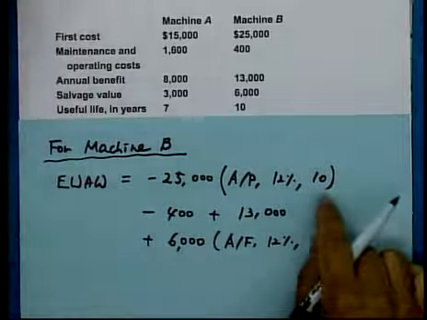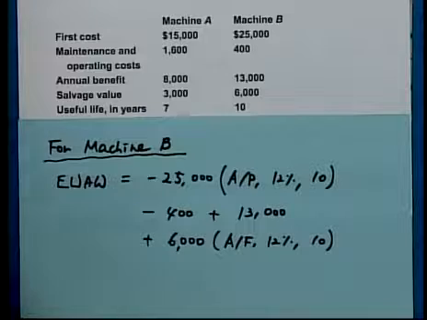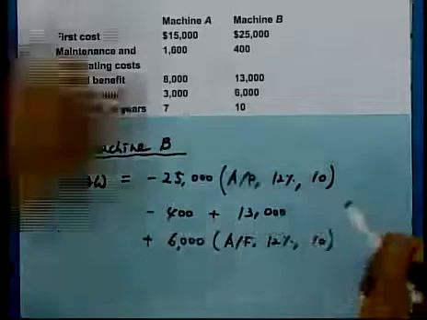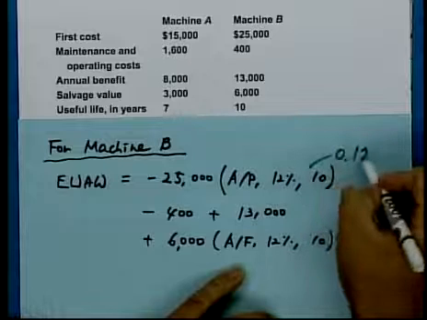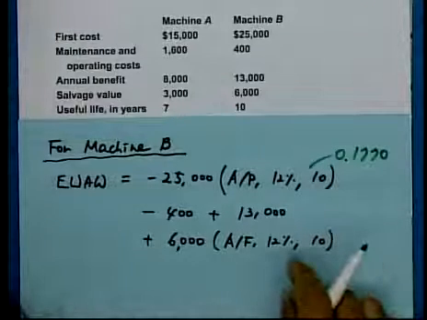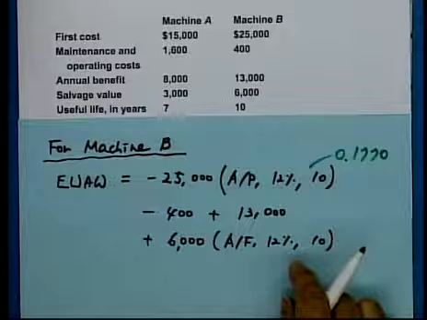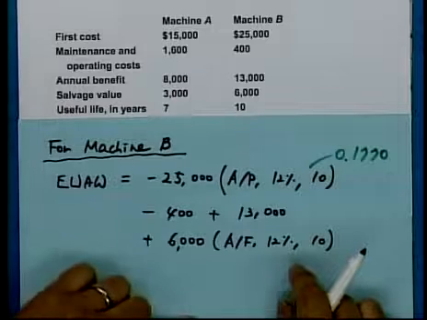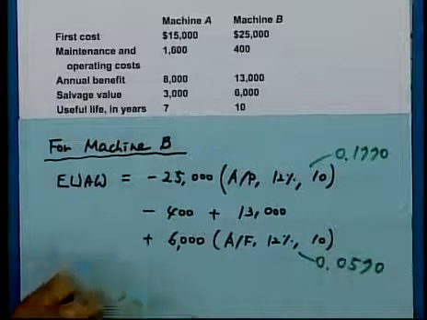And we are looking at 12% A given P over 10 periods, which is 0.1770. And A given F, that is 0.0570. Okay.